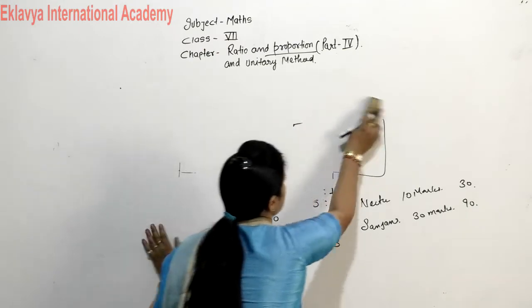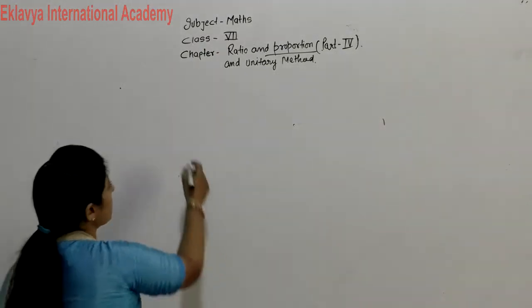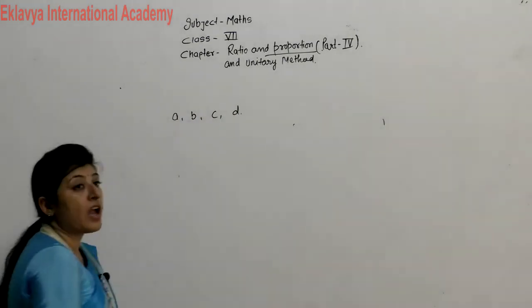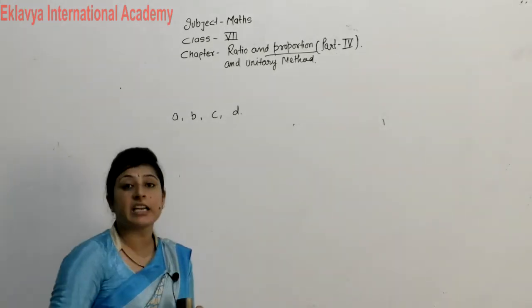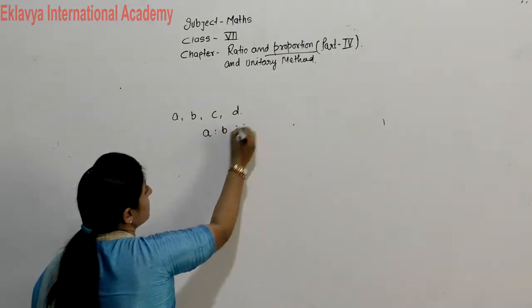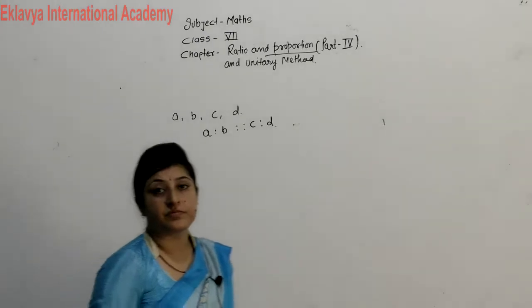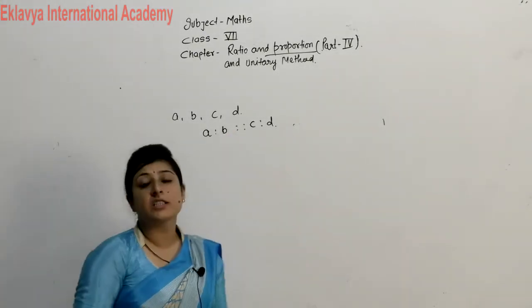In this proportion, we take 4 terms: A, B, C, D. If we say that A, B, C and D are in proportion, then we write A:B::C:D.